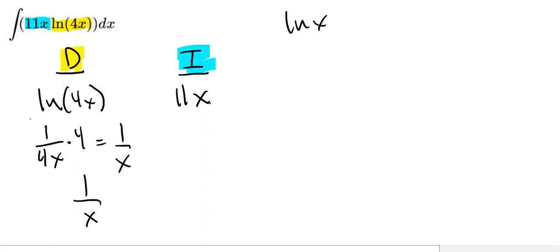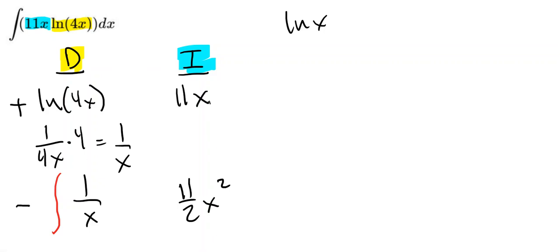And just like we did before, we want to put a plus here and a minus here, but I'm also going to put a minus and an integral sign. Then under the integration column, we're going to integrate this, so we would get 11 halves x squared. All right, that's it. We are done. We only have to go this far whenever we have a logarithm.